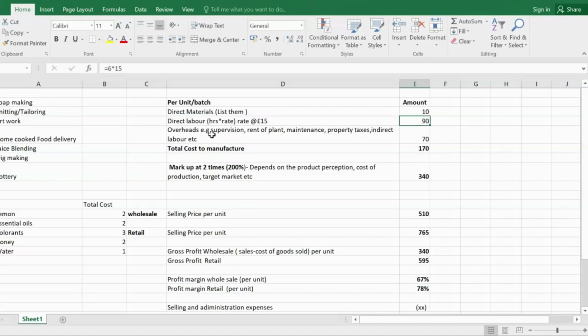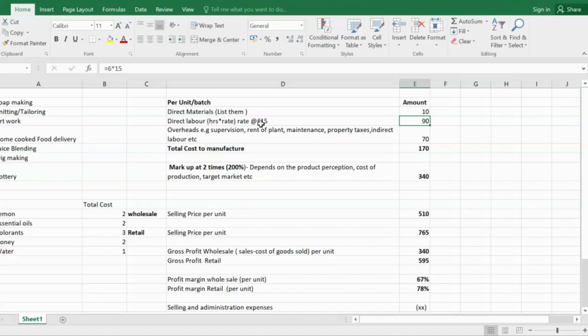Then overheads. Overheads are indirect costs that don't necessarily contribute directly to the product, but they are utilized in making sure that the production process is efficient and well executed.